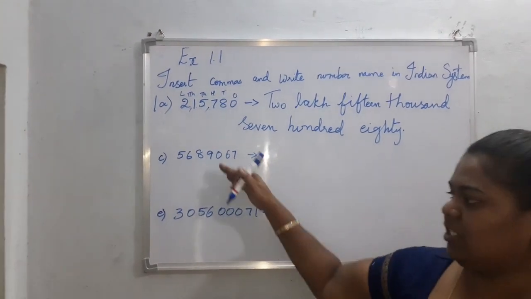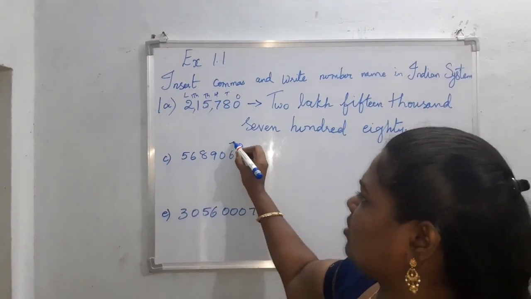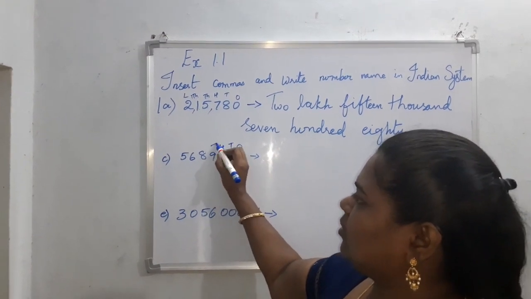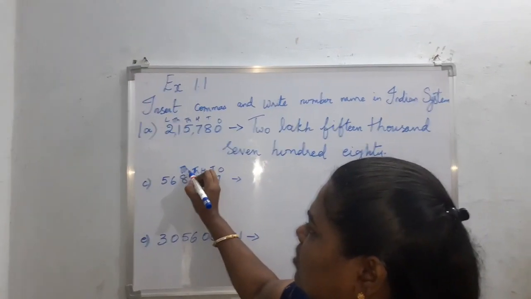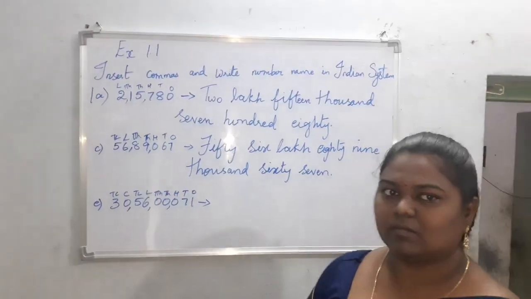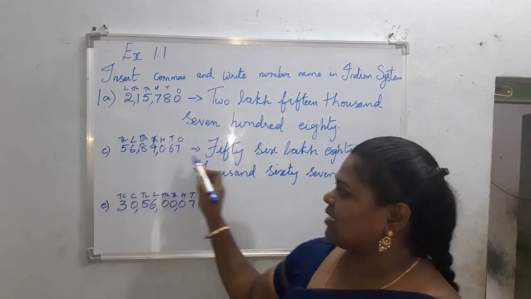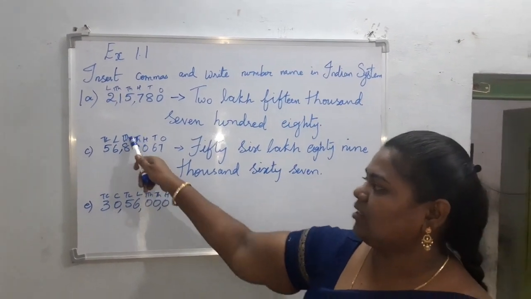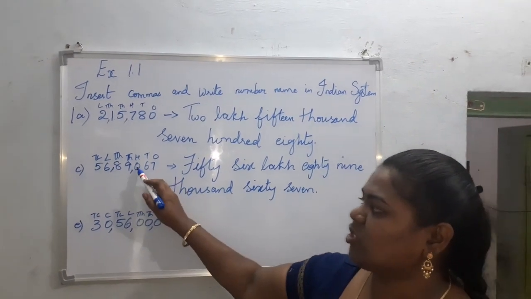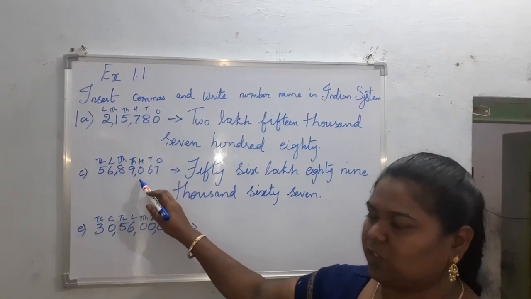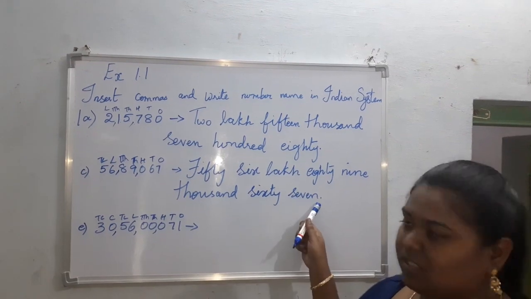In the same manner for these two also: ones, tens, hundreds, thousands, 10,000s, lakhs, 10 lakhs. So 56 lakh, 89,067. There is no hundreds, it's 0 over there in the hundreds place, so you can just write 67.